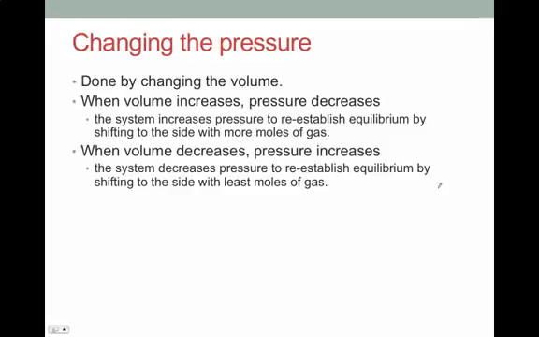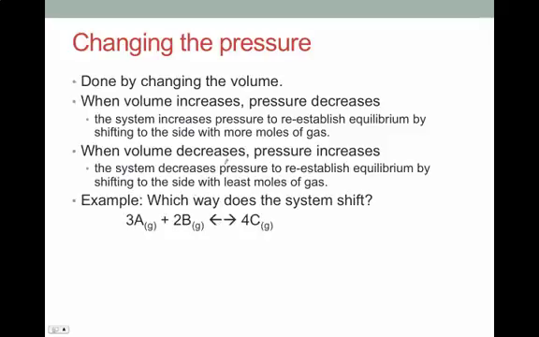So let's look at an example. Which way does the system shift if we have 3A gas plus 2B gas in equilibrium with 4C gas when the volume is increased? If the volume is increased, that means pressure is decreased. So in order for the system to reestablish equilibrium, it has to shift to increase that pressure again.